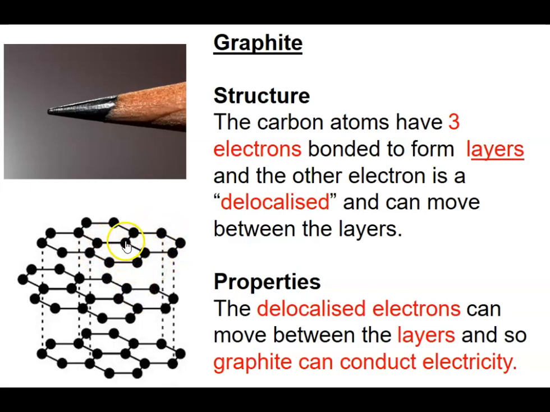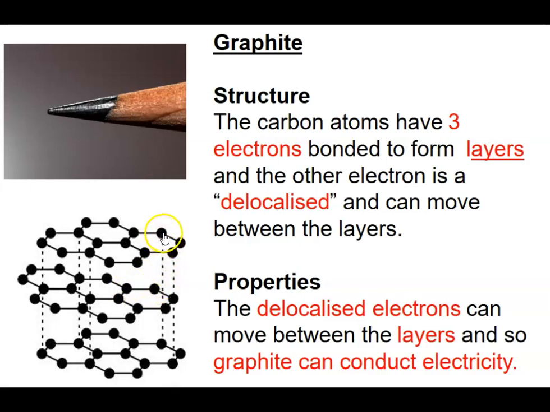The carbon is bonded to other carbon atoms, but instead of being bonded below, you've just got layers of these rings. This layer is not bonded to the layer below. This carbon atom could bond with that carbon atom if they were in the right positions, and then that would make diamond, but they're slightly in the wrong spot.